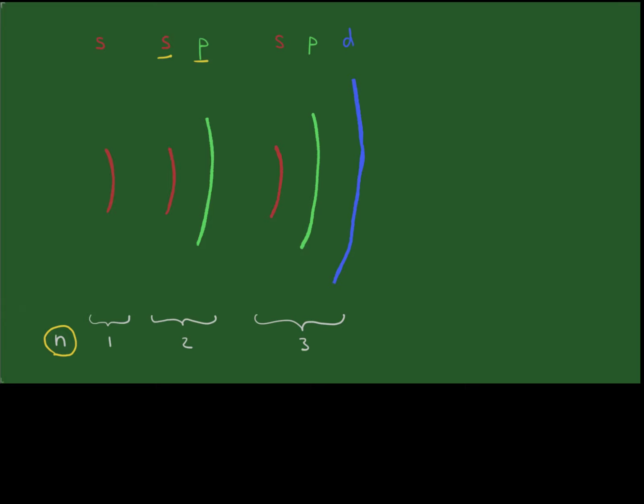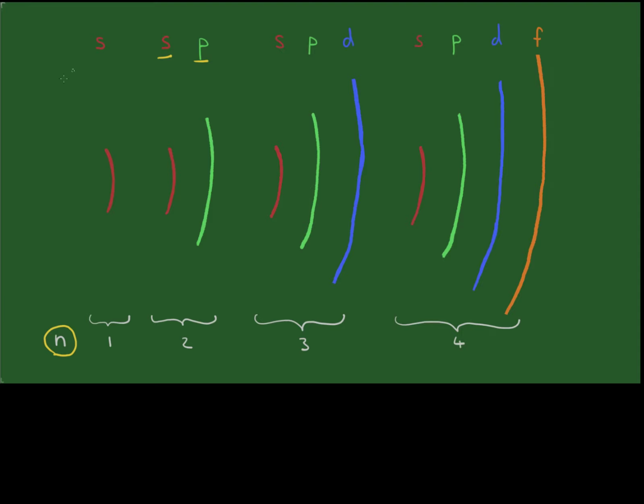So here's n again, our principal quantum number. When n equals 1, we only have one subshell, the subshell S. When n equals 2, we have two subshells, S and P. When n equals 3, we have three subshells, S, P, and D. And when n equals 4, we have four subshells.